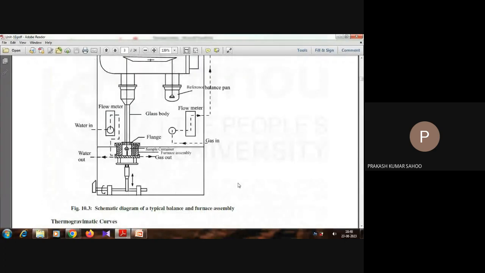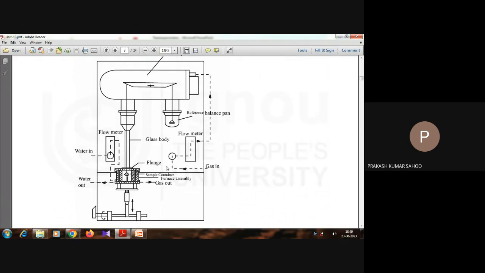Then we have the furnace and sample assembly diagram here. I will just read out: this is a reference balance pan, flow meter, gas in, flange, glass body, flow meter, water in, water out, and this is a sample container or holder, and this is the furnace assembly.